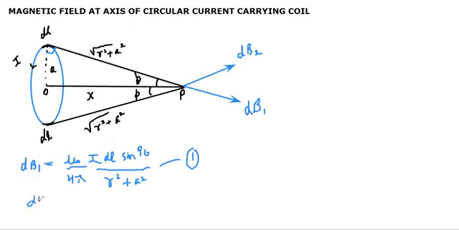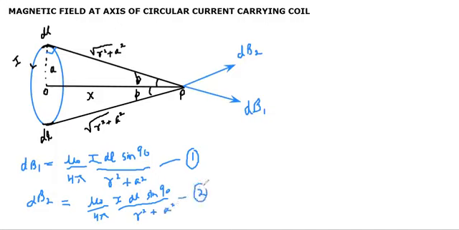Now if I want to find the value of db2, I would again use the Biot-Savart law, and the value would be mu naught by 4 pi, I dl, sine, again 90 degrees, by r square plus a square.